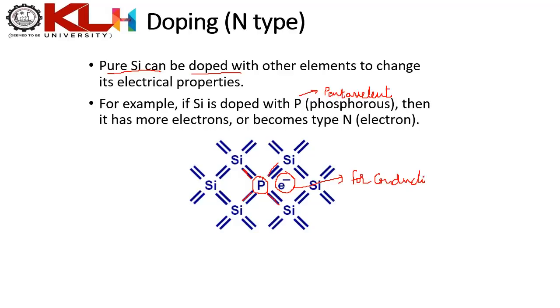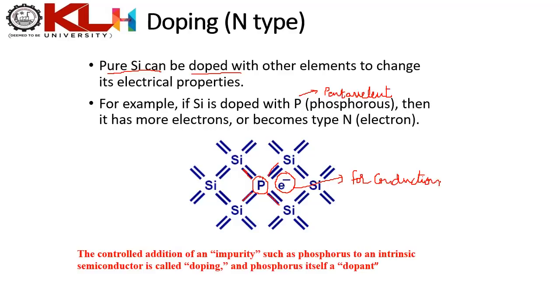So this type of controlled addition of impurity is called doping, and phosphorus in this case is called a dopant, and especially it is called an n-type dopant, because adding phosphorus to silicon is giving excess carriers of electrons, and electrons happen to be carrying a negative charge.